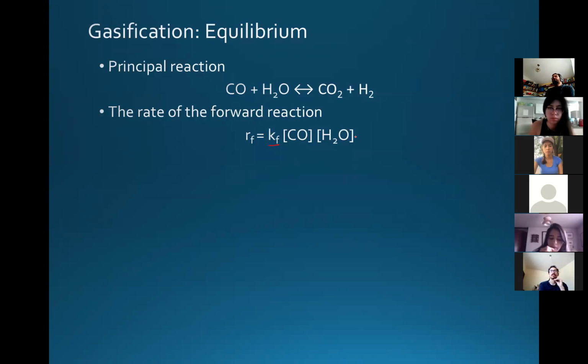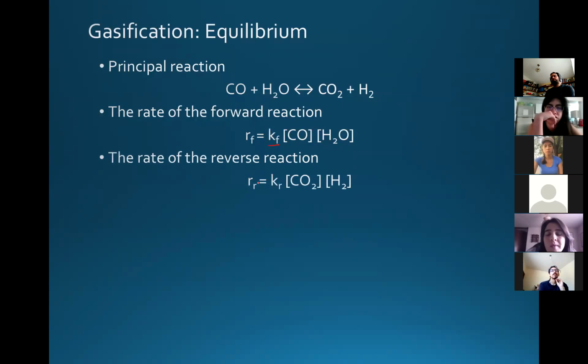So we're going to have the rate constant times the concentration of carbon monoxide times the concentration of water, right? And for the rate of the reverse reaction, it is the other way around. It's equal to the rate constant of the reverse reaction times the concentration of carbon dioxide times the concentration of hydrogen.